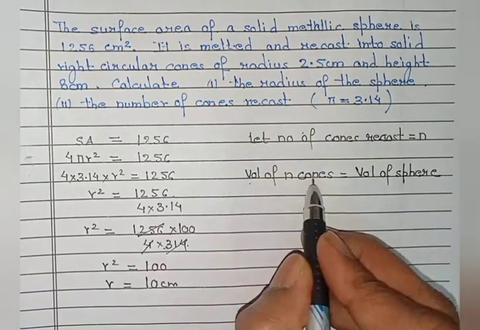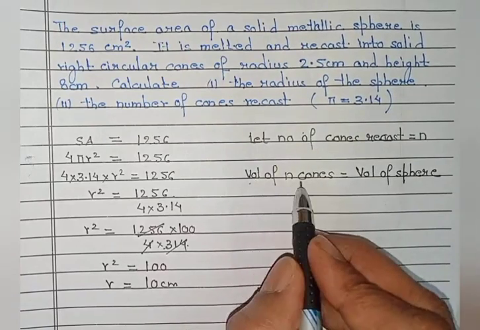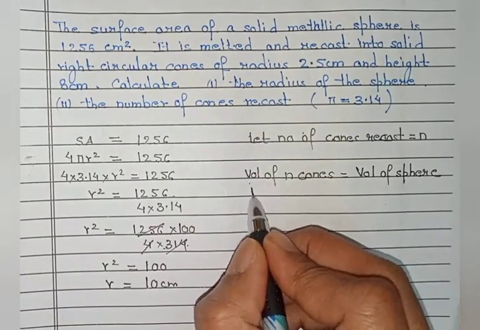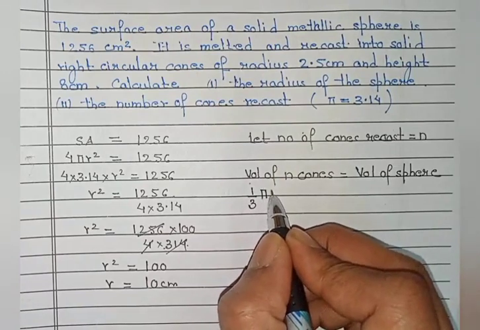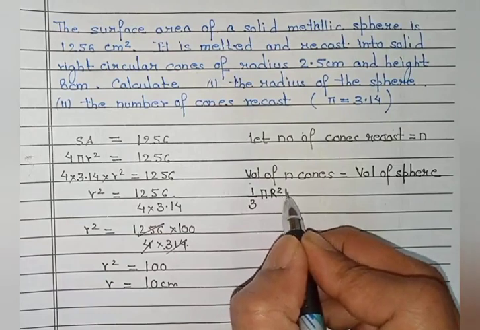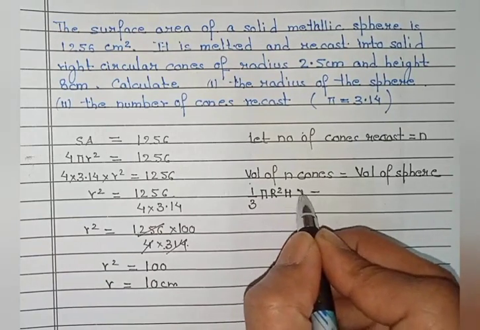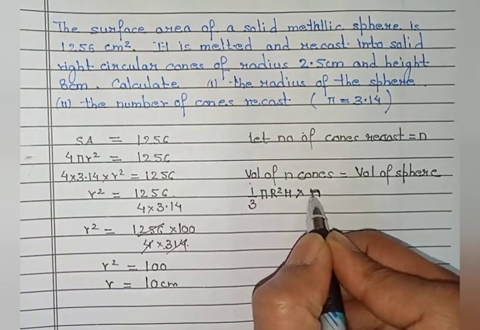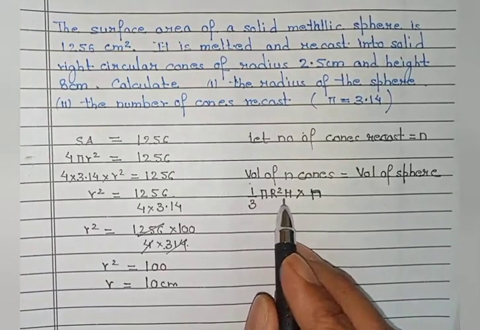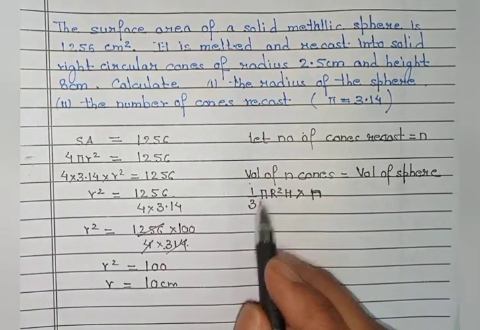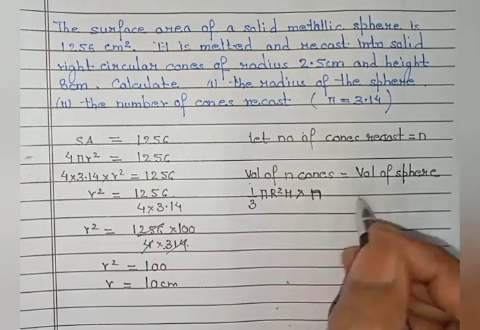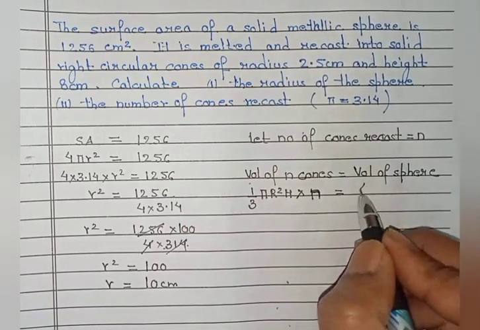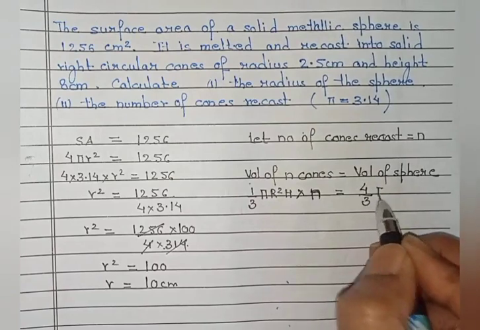So for the volume of n cones, first of all we will write the formula for the volume of one cone. That will be 1 upon 3 pi r square h, and then into n, because this 1 by 3 pi r square h is representing the volume of one cone, and we have considered that there are n cones. And on the right side, the volume of a sphere, 4 by 3 pi r cube.